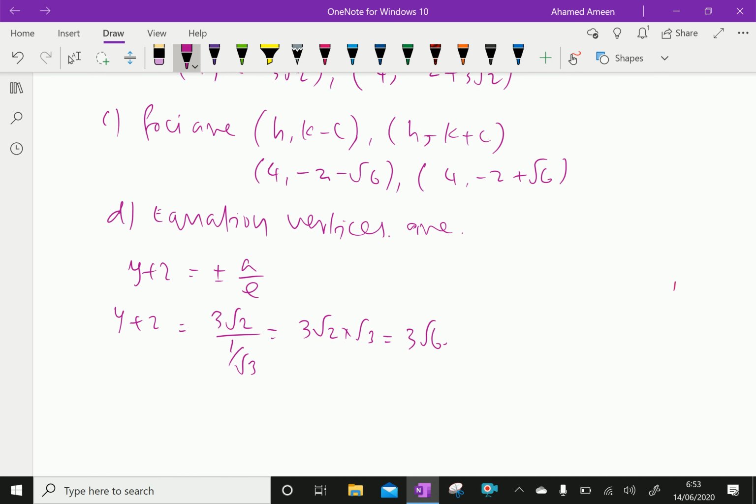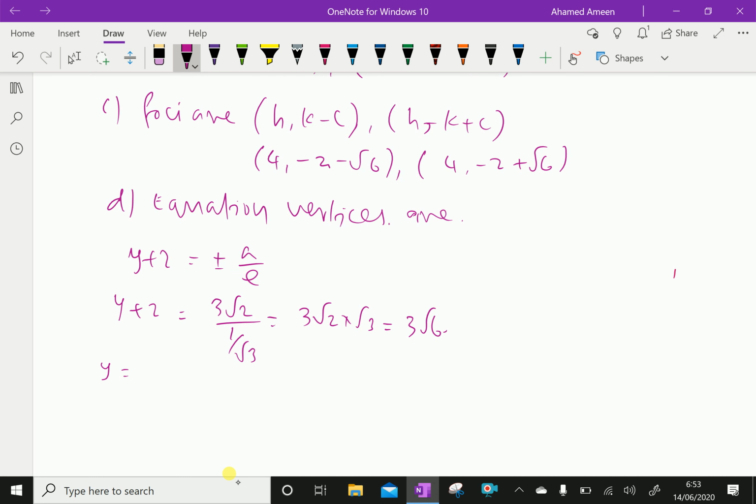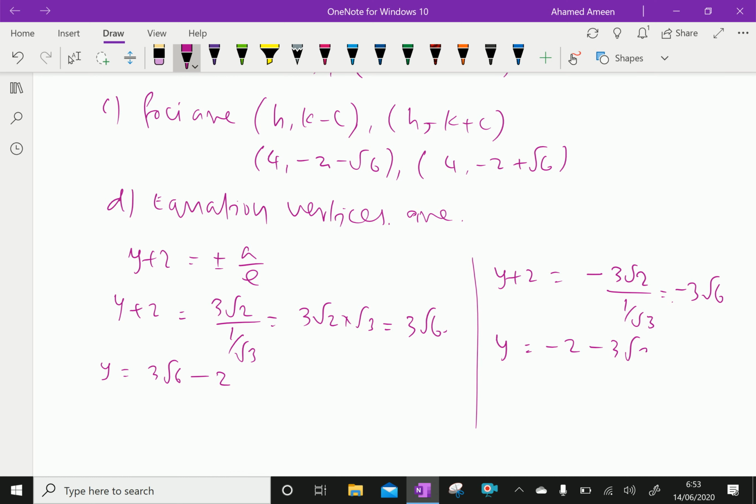Therefore y equals 3 root 6 minus 2 is the first directrix. The second is y plus 2 with the negative, 3 root 2 over 1 over root 3, which gives minus 3 root 6. Therefore y equals minus 2 minus 3 root 6 is the second directrix. This is what we have done.